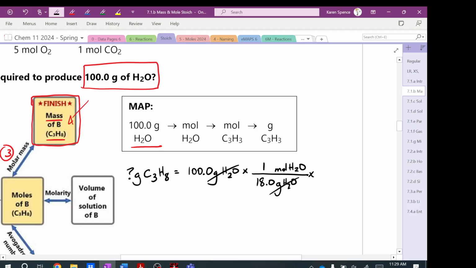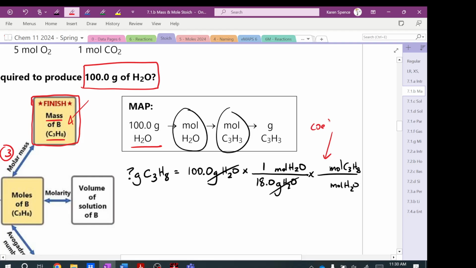So we have now gotten to our moles of H2O. Step number 2 is always go from moles of A to moles of B. So let's cancel our moles of H2O and find our moles of C3H8. When you have moles over moles, where do those numbers come from?